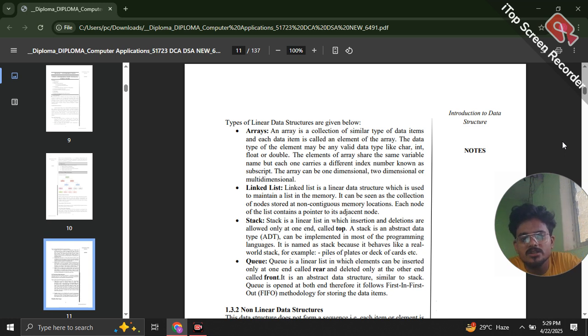So first in first out. LIFO and FIFO are the two terms which are connected with stack and queue. So you studied stack and queue.